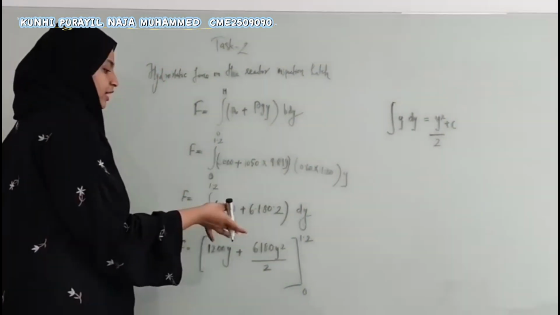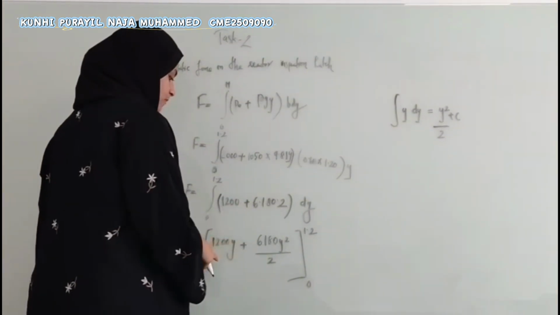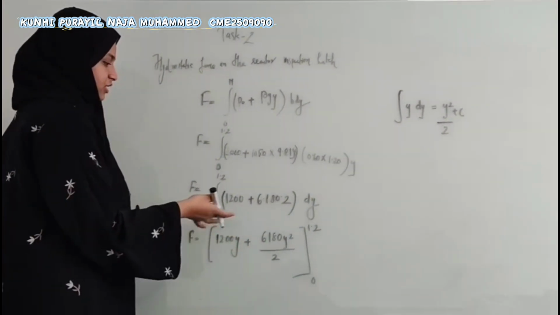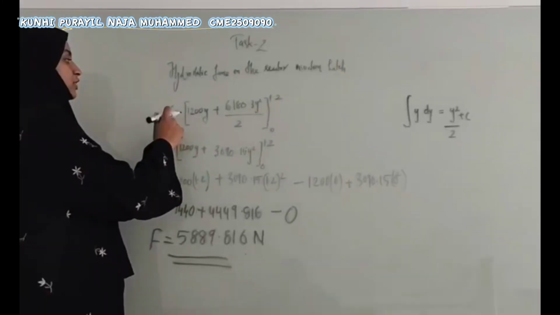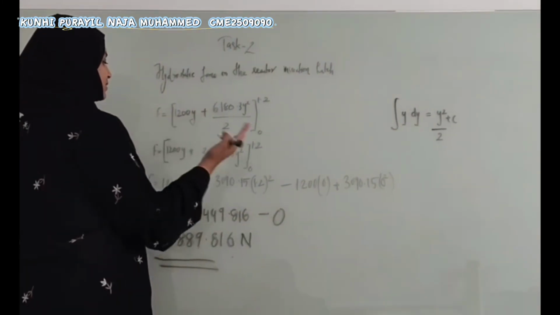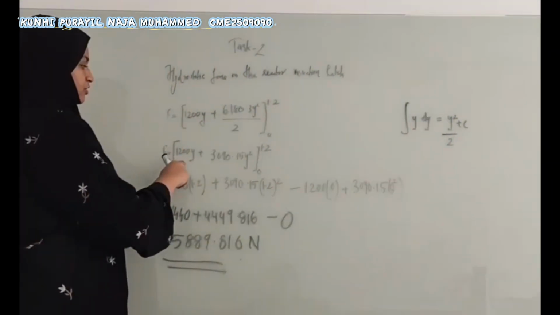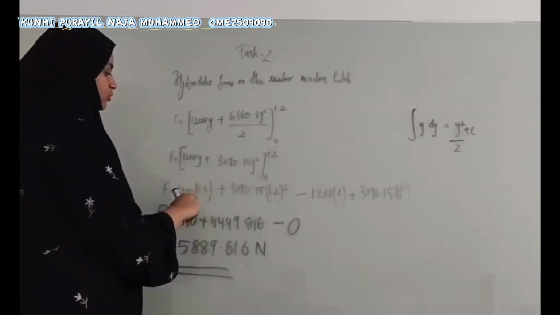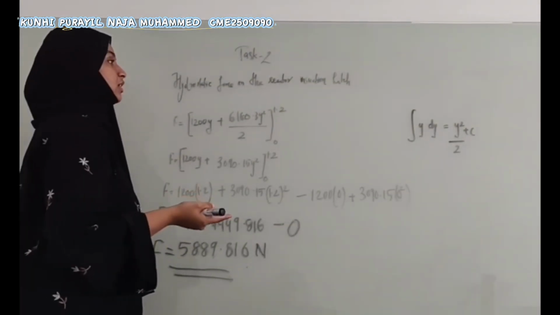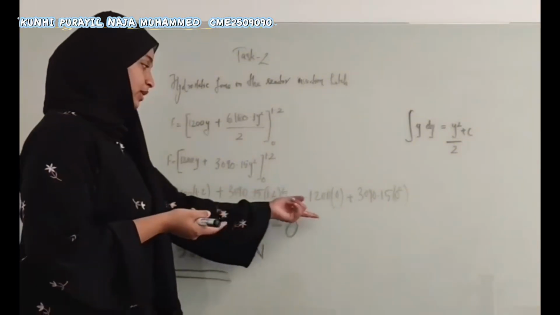So we can substitute and simplify this. And from this, we can apply the definite integral, where the lower limit is 0 and the upper limit is 1.2. Let's continue substituting and simplifying. After this, I'm applying the definite integral. As we all know, for a definite integral, it is the upper limit minus the lower limit.